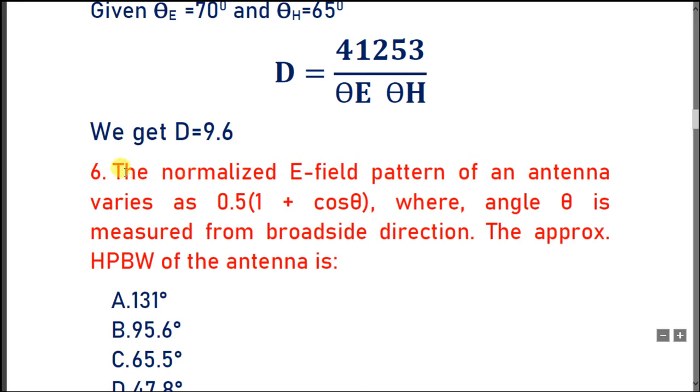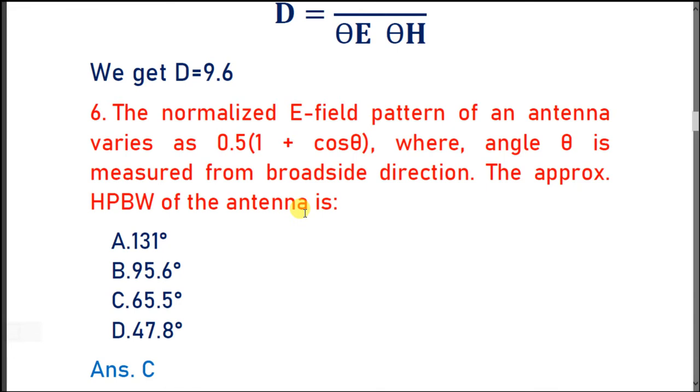Next, the normalized field pattern of antenna is given as 0.5 (1 plus cos theta), where theta is the angle measured from the broadside direction. So the half power beam width will be dash. In this example, the normalized field pattern is given to you, that is E normalized, equal to 0.5 (1 plus cos theta). If you want to find the angle, then you have to find the value of E normalized.